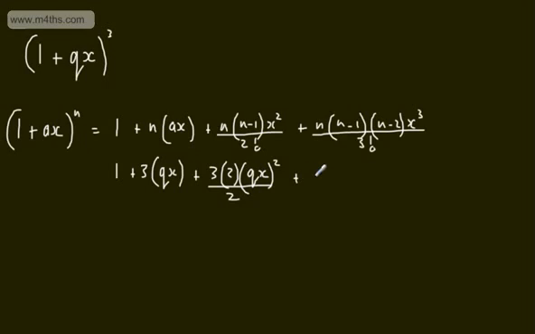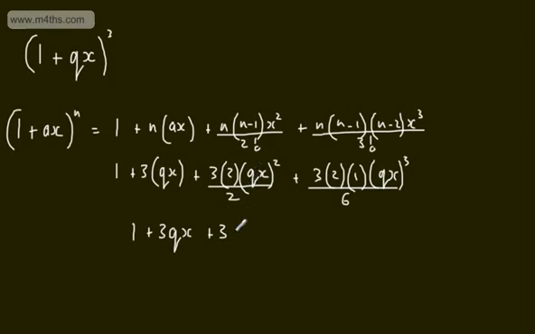Plus now we're going to have n, which is 3, n minus 1, which is 2, n minus 2, which is 1. We have qx, we cube this bracket, and we divide by 3 factorial. 3 factorial is just 3 times 2 times 1, which is going to give us 6. Or you could just see that it's going to cancel here. So we have 1 plus 3qx. We can see now that the 2's are going to cancel, so we have plus 3.